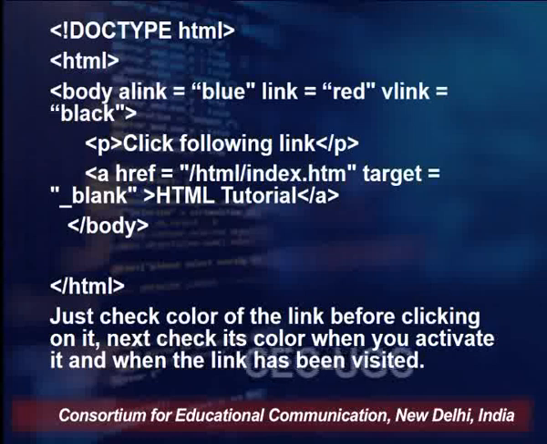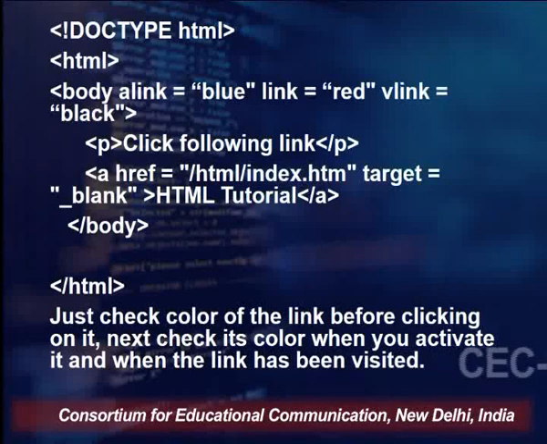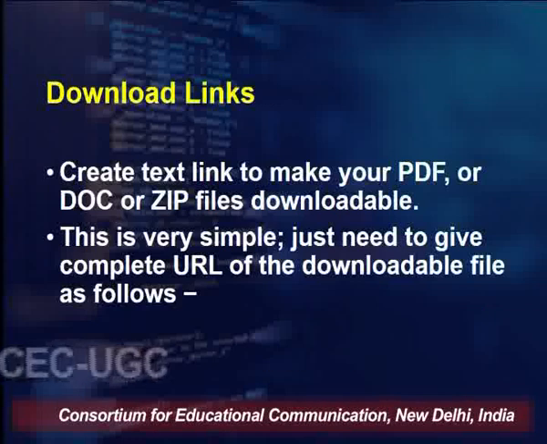As an assignment, you need to check the color of the link before clicking it, then its color when you activate it, that means when taking the mouse pointer onto it, and the third, its color when the link has already been visited. All three colors will be displayed as set: active link blue, link red, and vlink black. So all these colors you can set.